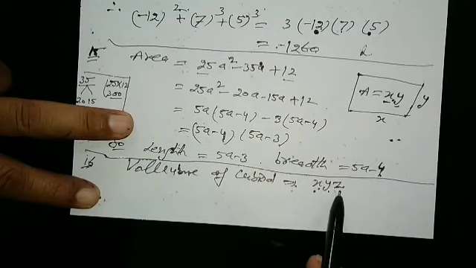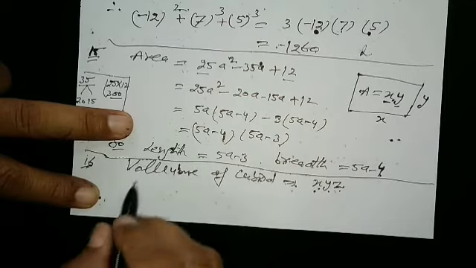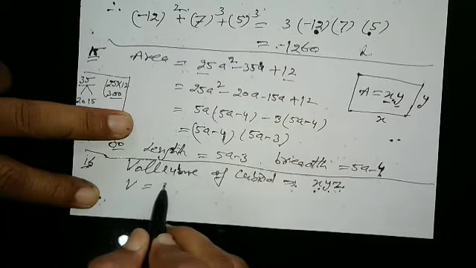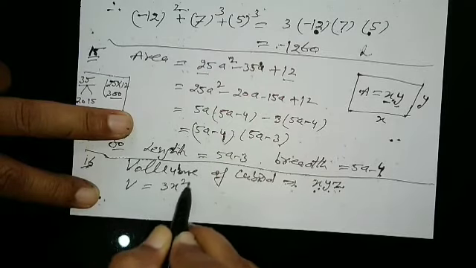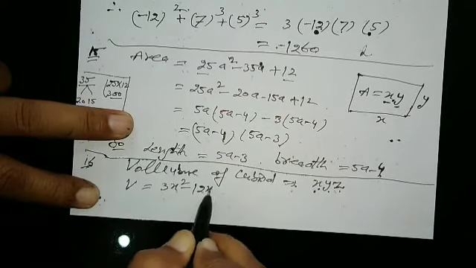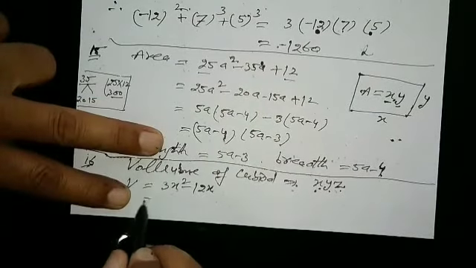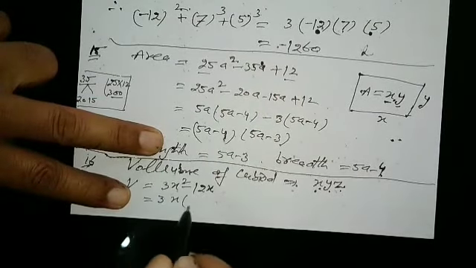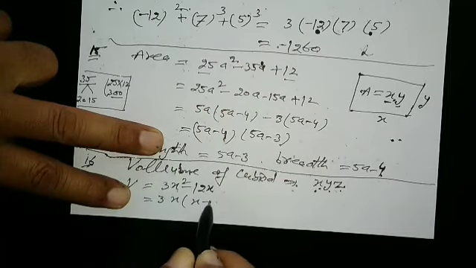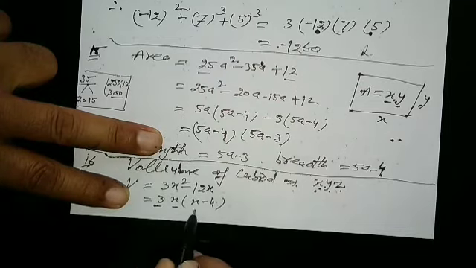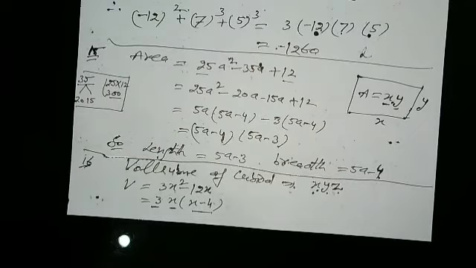Length into breadth into height. Okay, so the first part is volume is given as 3x square minus 12x. So we have to make three factors. How? You can take common 3x, you will get x minus 4. So here first is 3, second is x, and third may be x minus 4.